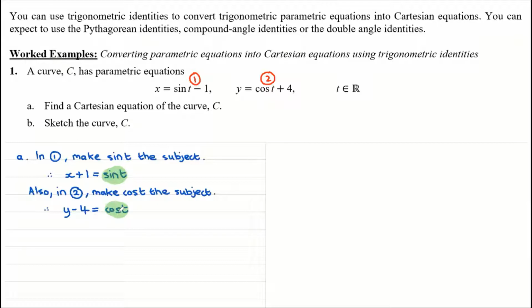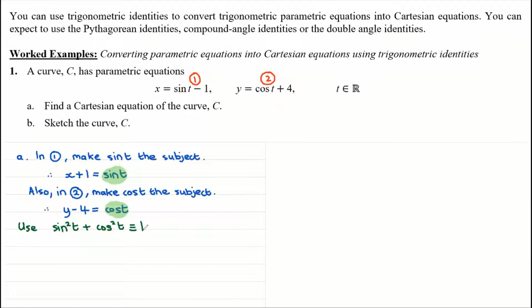And this is where we use the Pythagorean identity from last year, from year 1. So we're going to use, if you haven't thought of that already, sine squared t, we'll use the same variable, plus cos squared t is identical to 1. Now that we have that, we just have to square our expressions for sine t and cos t, and we set them equal to 1.